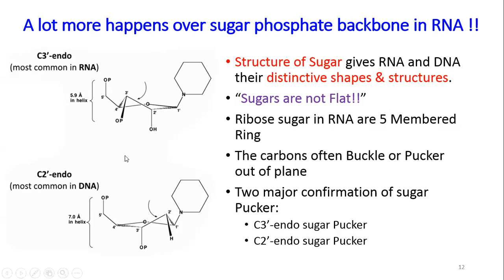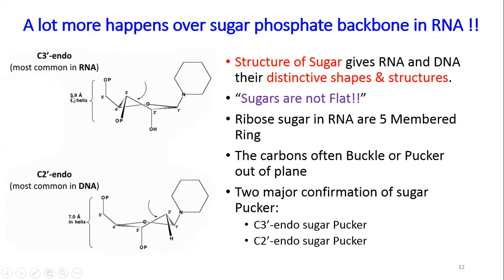Due to this pulling of the phosphate group along with the 3 prime carbon atom, the distance between the phosphates of the two nucleotides is smaller in case of RNA. Or what I can say is the interphosphate distance between the two nucleotides in your RNA molecule is smaller.